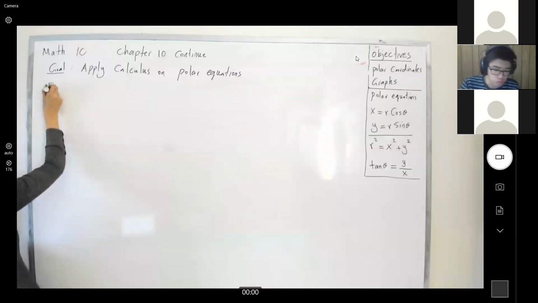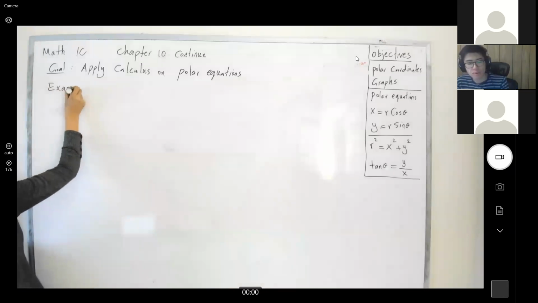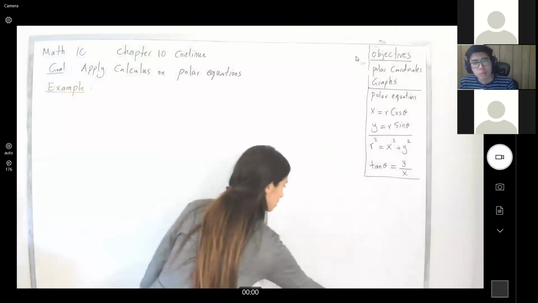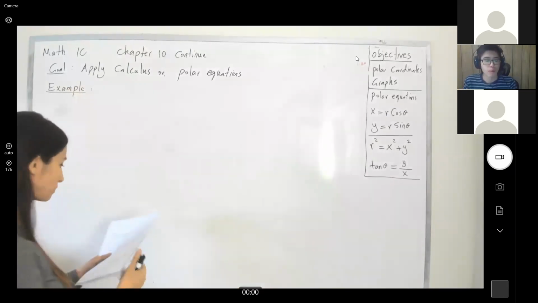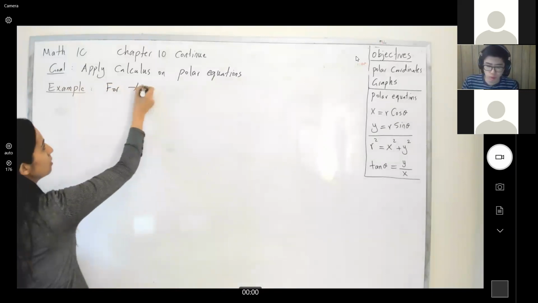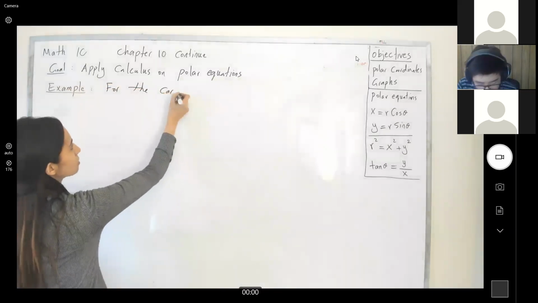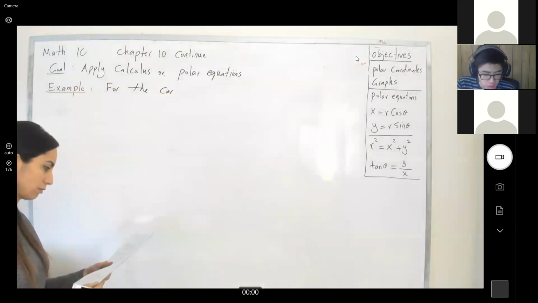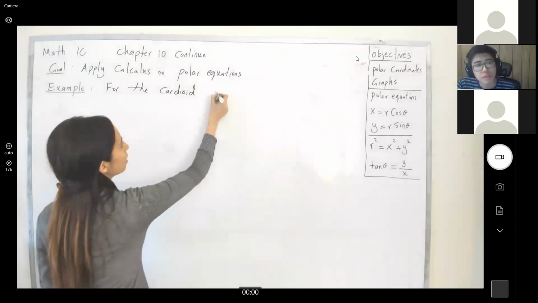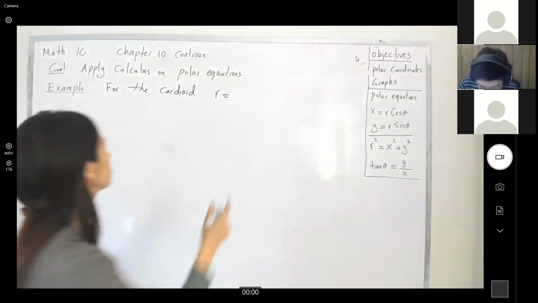Our example says, suppose you have this polar equation for the cardioid: r equals 1 plus sine theta.